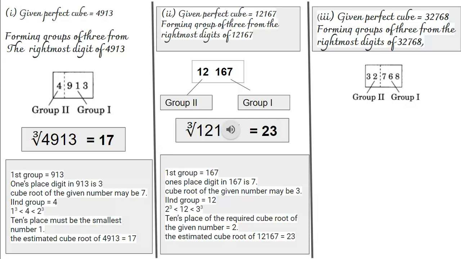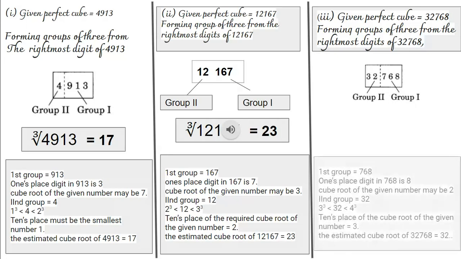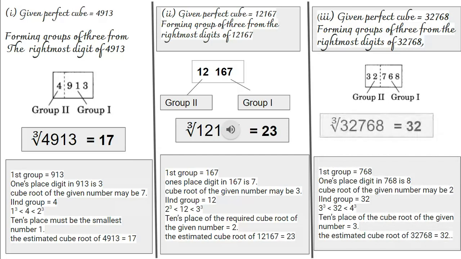Now the second group, 32. 1 cube is 1, 2 cube is 8, 3 cube is 27, 4 cube is 64. 4 cube is greater than 32, so the smaller number is 3 cube, and the digit is 3. So the cube root of 32,768 is 32. Clear?